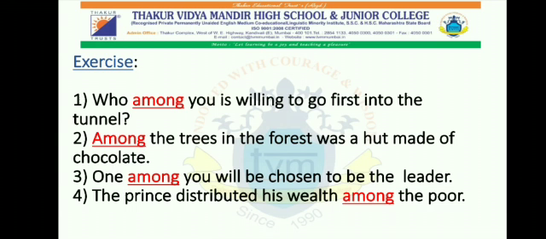Third, one among you will be chosen to be the leader. Fourth, the prince distributed his wealth among the poor. So here in all the sentences you can see we are talking about more than two people, places or things. That is why we have used here among as preposition.